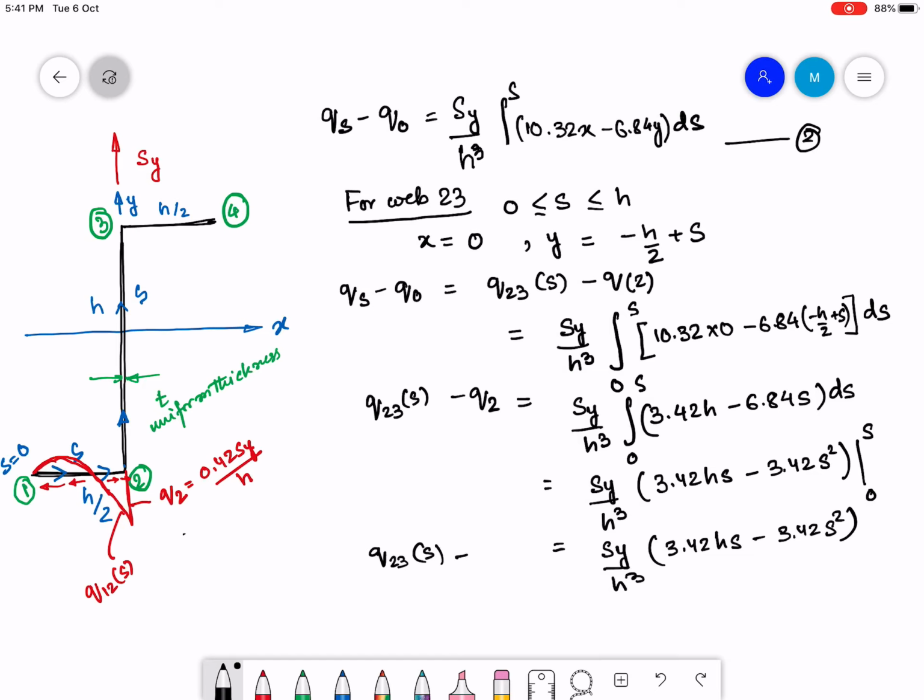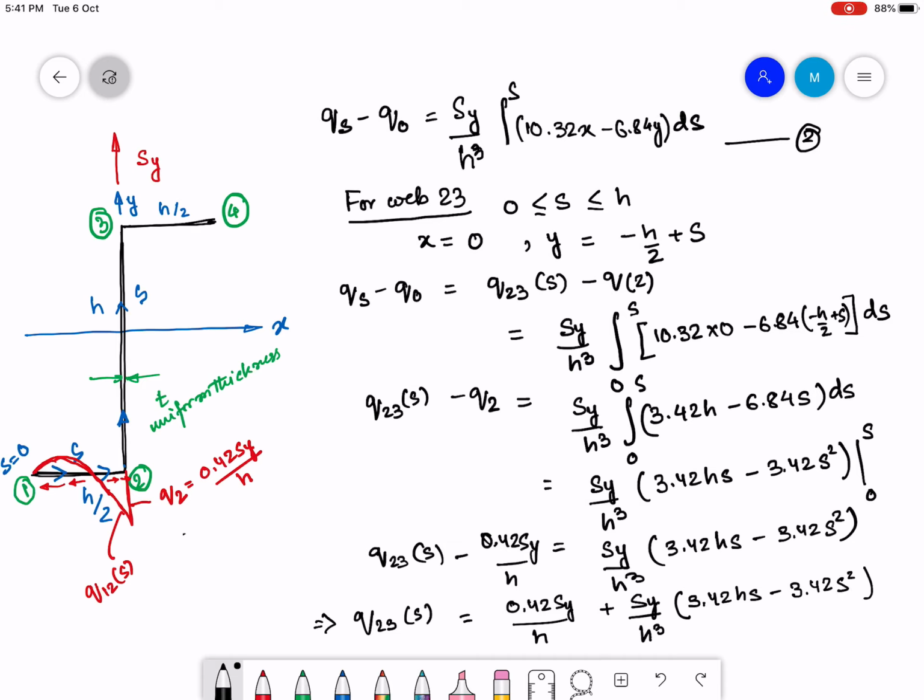Now Q2 I have seen is 0.42 Sy by H. Therefore Q23(S) is going to be 0.42 Sy by H plus Sy by H cube into 3.42 HS minus 3.42 S square. Okay, that is my fourth equation.